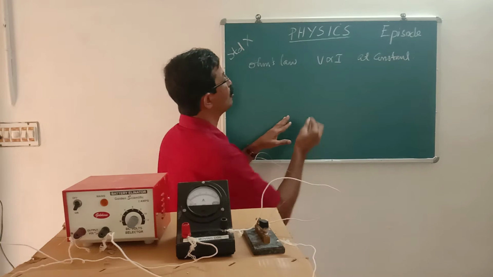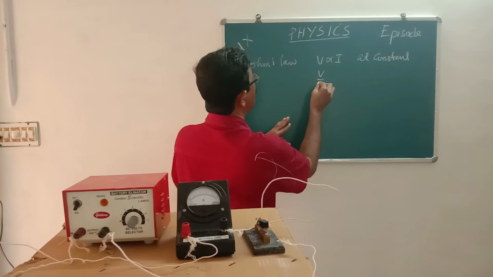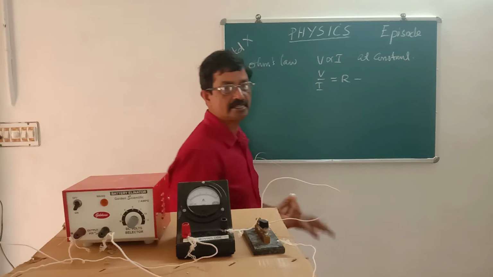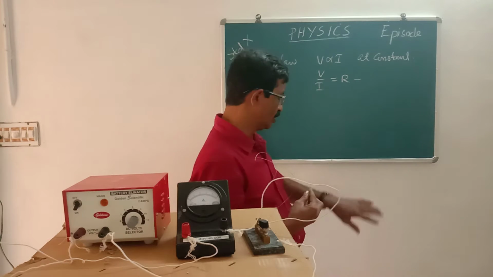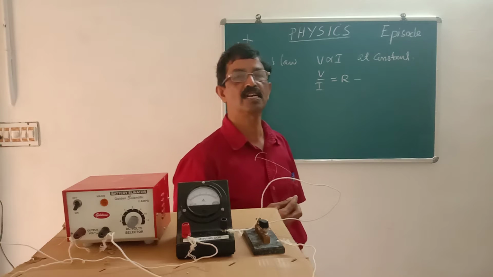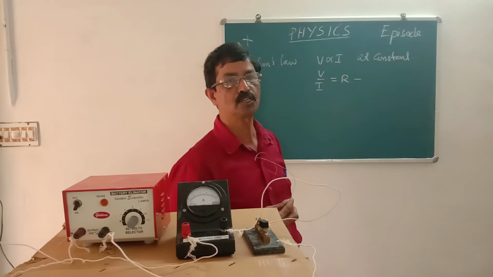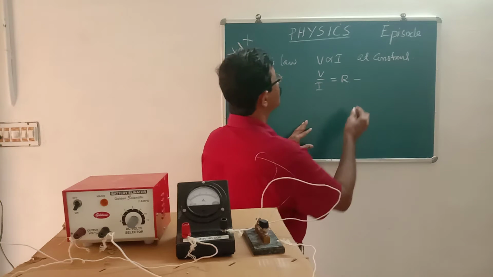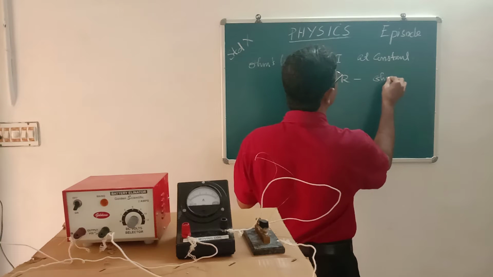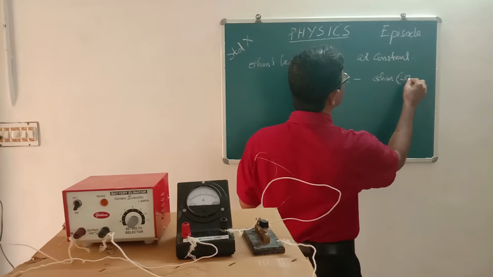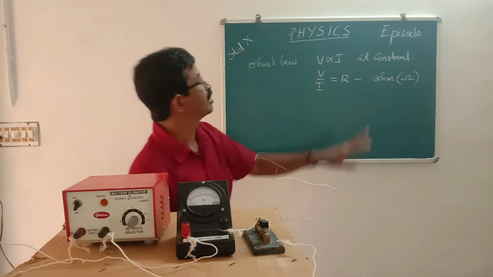From this we got the relation V by I equals R. This R is called the resistance of the conductor. The unit of resistance is ohm, and the symbol used for it is this one.